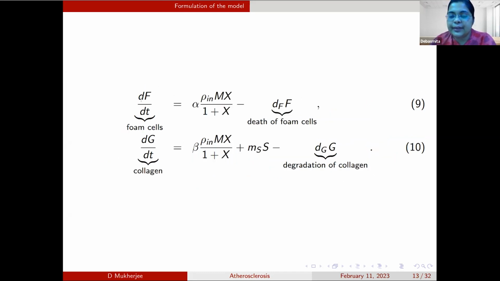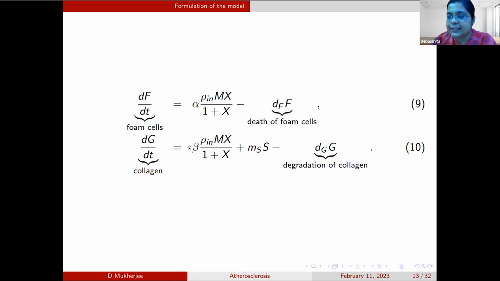Now I have here foam cells and collagen. The ingestion term is where macrophage is ingesting oxidized LDL. Here I have assumed that alpha amount is going for the necrotic core part, and beta amount is going for the outside part. So alpha plus beta together is equal to 1.